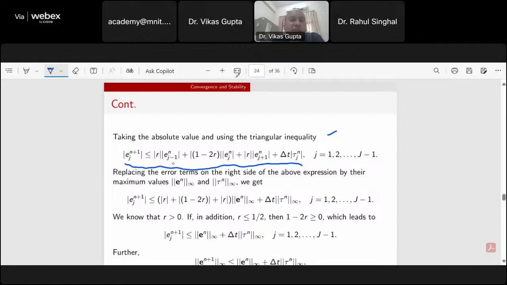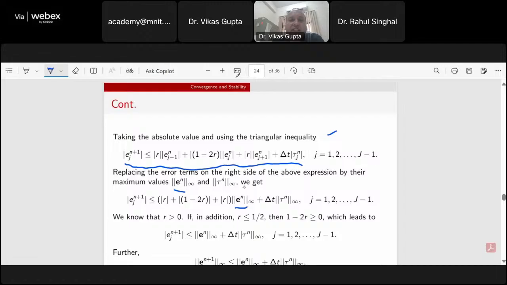So if we replace mod of e_(j-1), mod of e_j and mod of e_(j+1) by their maximum value at the nth time level, which we denote by the norm of e^n in maximum norm, and the absolute value of the truncation error, denote it in infinity norm, then norm of e^(n+1) will be less than or equal to mod r plus mod of 1 minus 2r plus mod r inside the bracket, times norm of e^n infinity.